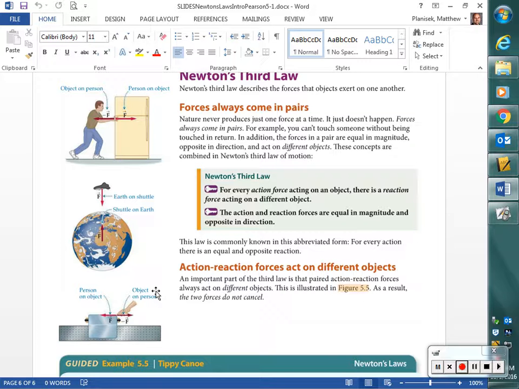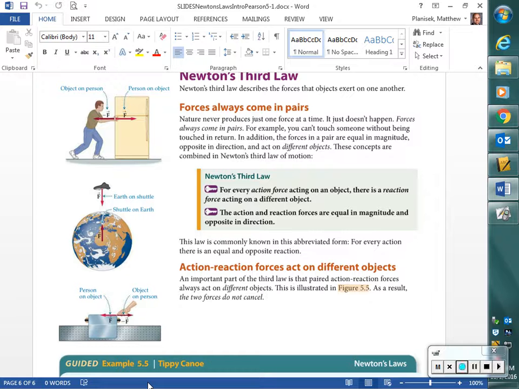Here, in this picture, gravity from the Earth acts on the space shuttle to keep it in orbit, but gravity from the space shuttle acts on the Earth. All forces have a pair out there. All right? In this case here, a person pushes on this little object, moves it forward, but there's a force on the person that moves backwards. This one's hard to see sometimes.